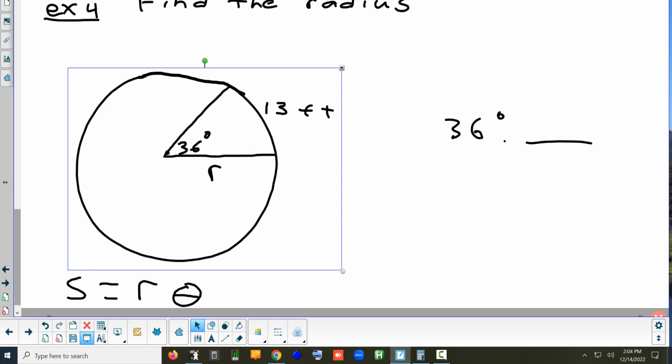It's pi over 180. And 36 does go evenly into 180. Does anybody know how many times 36 goes into 180? 4. A little bit more than that. 5. Goes in 5 times. So there's your angle. Pi over 5.